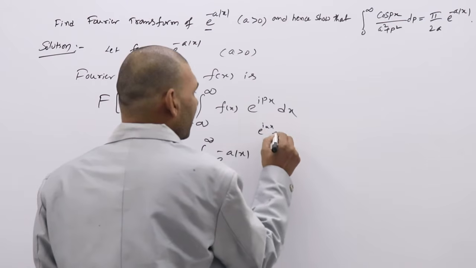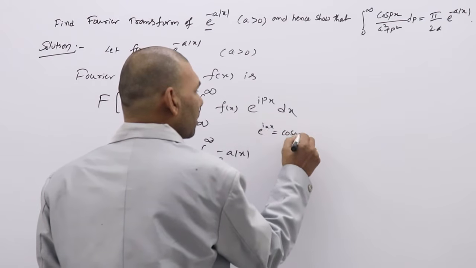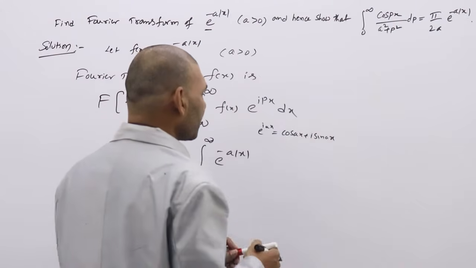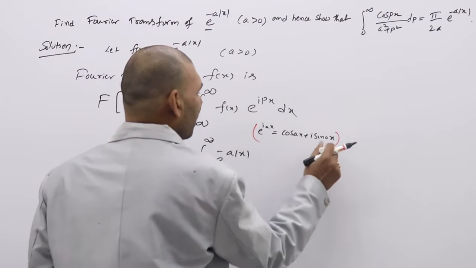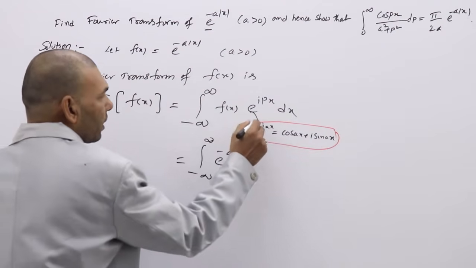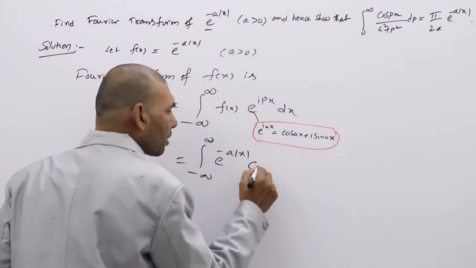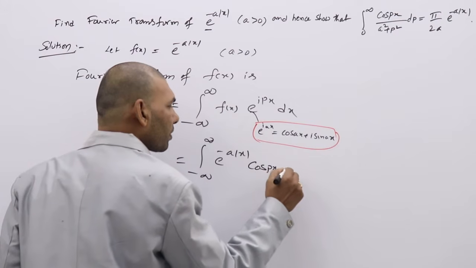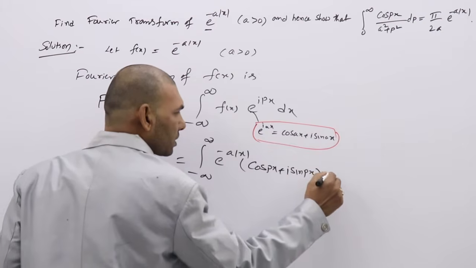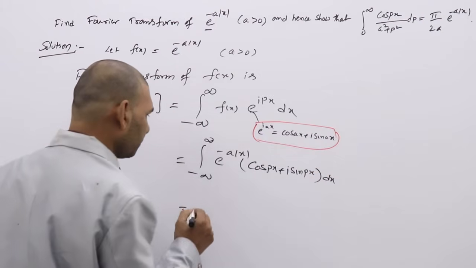e power ipx can be written as cos px plus i sin px. Using this formula, we are writing this one like this: cos px plus i sin px into dx.